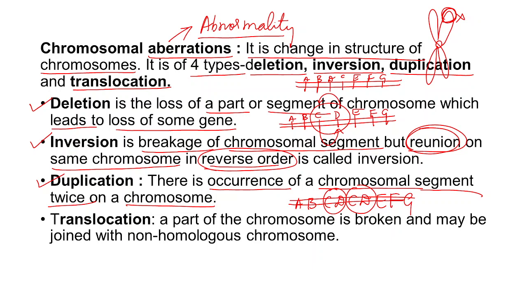Yes or no? This itself is called duplication. The point to be noted is that the C and D, or whichever part is duplicated, may not be present in the same next part, or it may be present in another part of the same chromosome also.